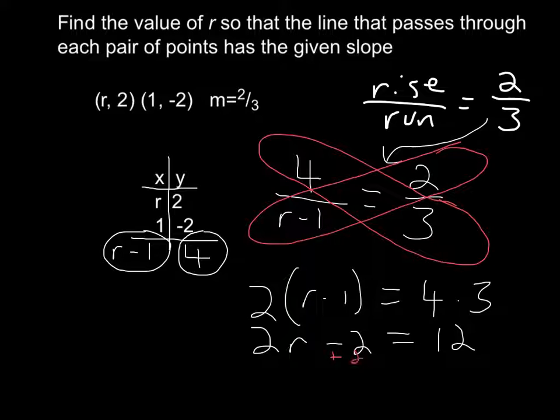I add 2 to both sides, and I end up with 2r equals 14. If I divide both sides by 2, I end up with r equals 7.